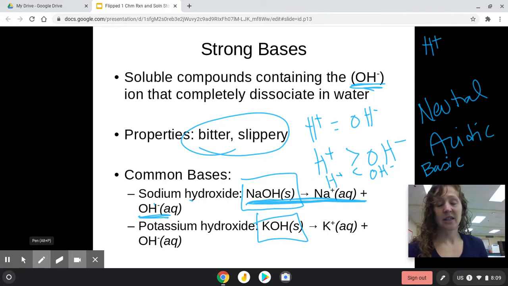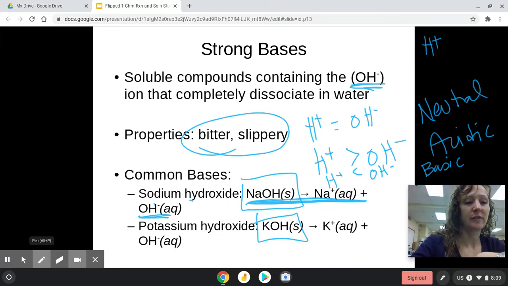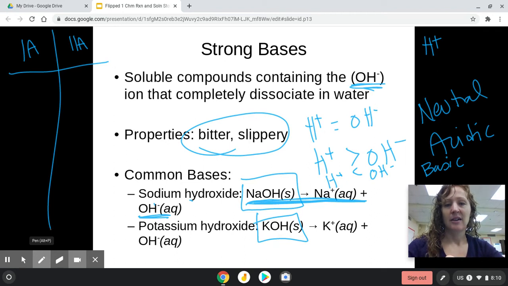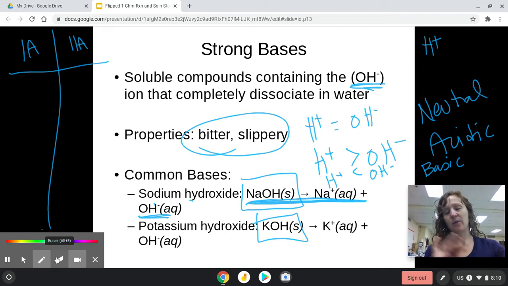And actually, any hydroxide that comes from the 1A or the 2A family is going to be considered a strong base. So any alkali hydroxide or alkaline earth metal hydroxide is going to be a strong base. There are some exceptions there, but we can talk about those later.